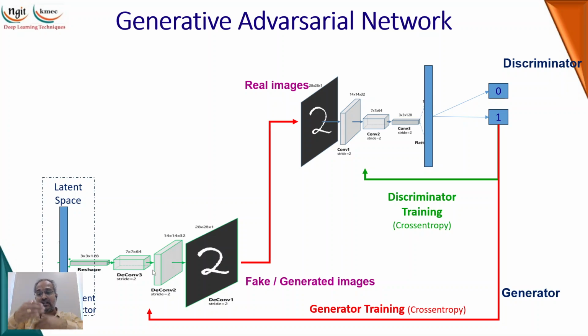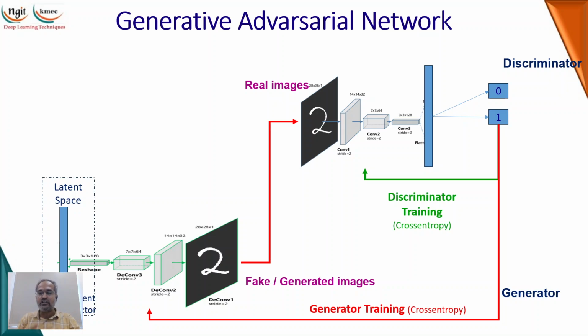Now the generator is getting trained, and it can generate a realistic image so that the discriminator cannot identify whether it is fake, and it is recognized as real. At this time, all the fake images are identified as real images.